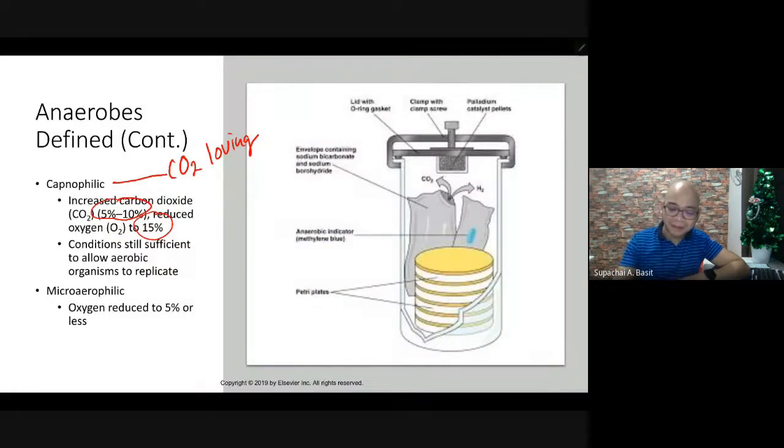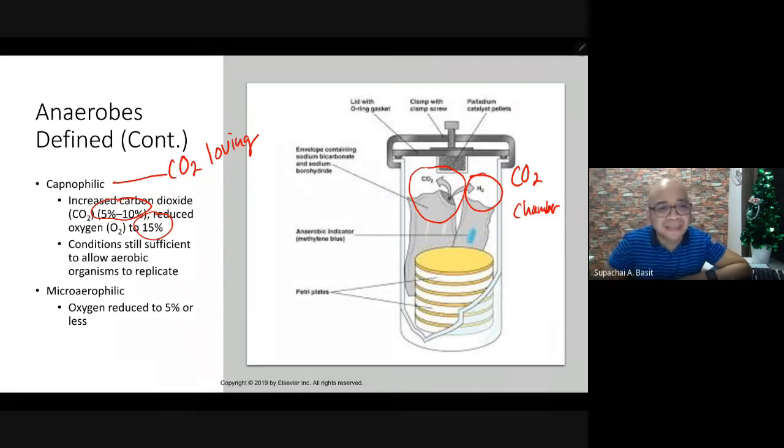That would be possible by using this particular chamber, what you call the CO2 chamber. You open the CO2 packet and the H2 packet, and that would cause the increase in carbon dioxide and reduction of oxygen. This condition is still sufficient to allow aerobic organisms to replicate, but at least the amount of oxygen is reduced.